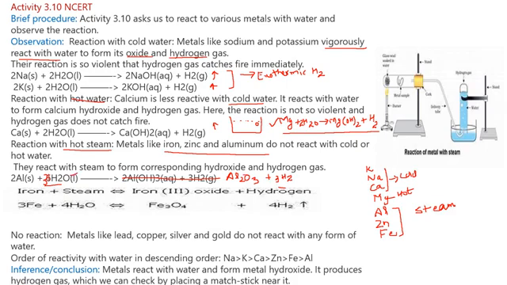So aluminium, zinc and iron will react with steam, and the rest of the metals, that is Pb, then copper, mercury, Ag, silver, Au, gold, and Pt, platinum, all these metals won't show any reaction with water.